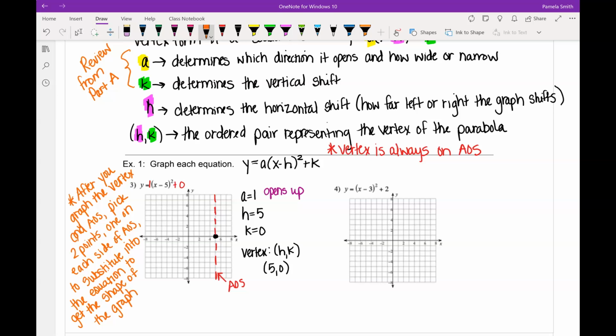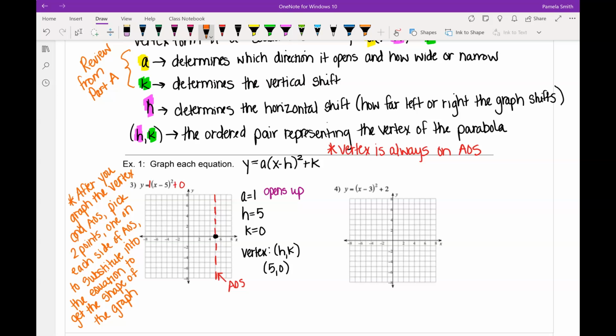So we do have to do a mini T-chart here, but we only have to do 2 points instead of the 5 we did yesterday. And we base those 2 points on our axis of symmetry. Our axis of symmetry is going through the x-coordinate 5.